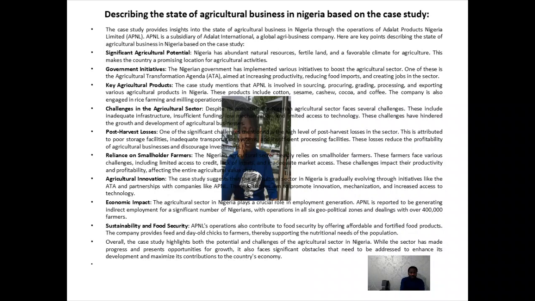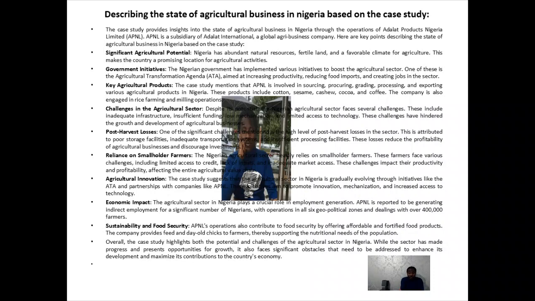Part of what you can say about the Nigerian agricultural environment is that it has significant agricultural potential, in the form of abundant arable land, fertile land, natural resources, and a conducive climate. That is very strong. You can talk about government initiatives if you like.